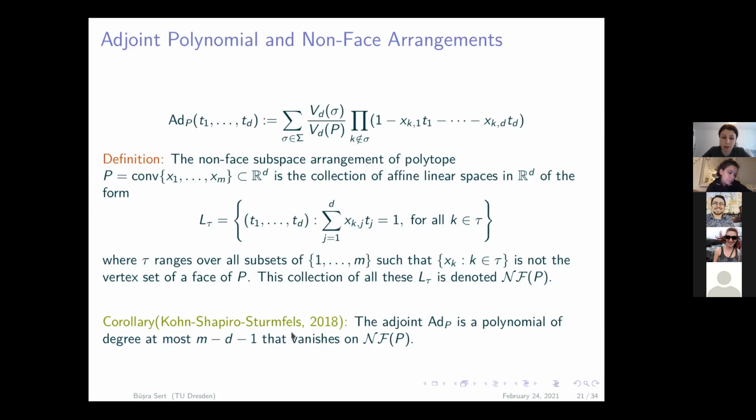In this paper, they also show that when we consider this non-face arrangement in projective space, taking the projective Zariski closure, then there will be a unique polynomial, again called the adjoint, that will vanish on the intersection of those linear spaces.